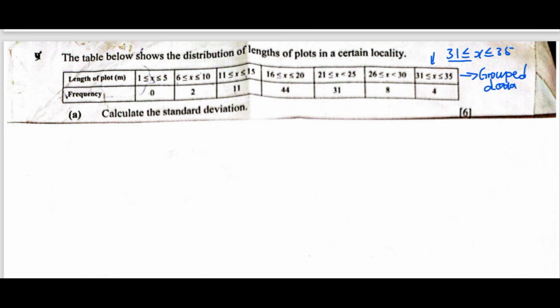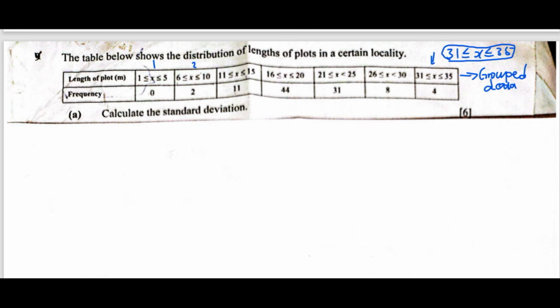Whenever you see this, it means that the data you are dealing with is grouped data. For ungrouped data, we just have individual numbers, like maybe 1, 2, 3, 6. Whenever you see individual numbers, that is ungrouped data.